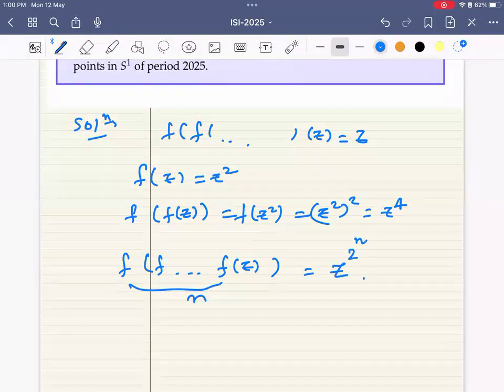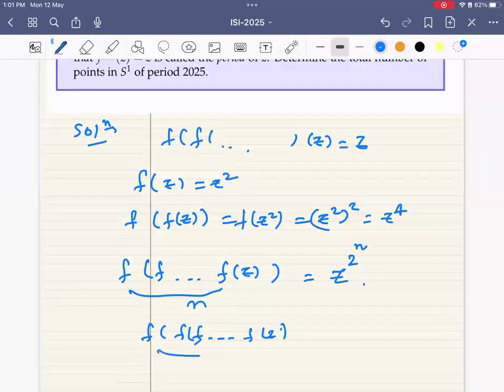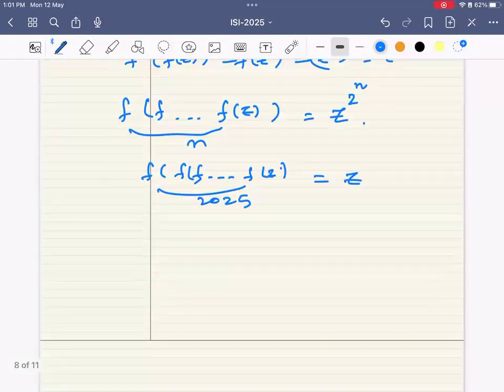It just goes like this. So what they're asking is how many times f has to be applied to z, 2025 times, to get z for the first time. So fundamentally this question is: for how many complex numbers is z to the power 2 to the power 2025 equal to z for the first time?